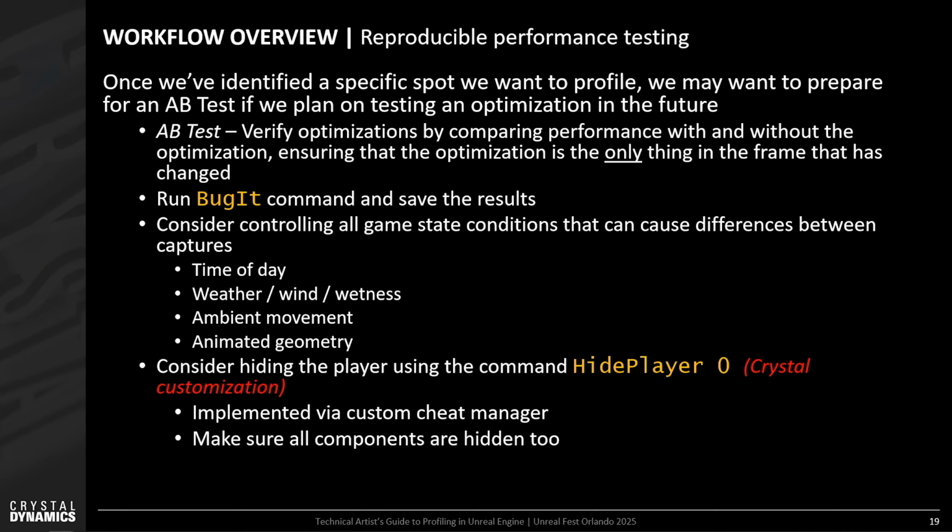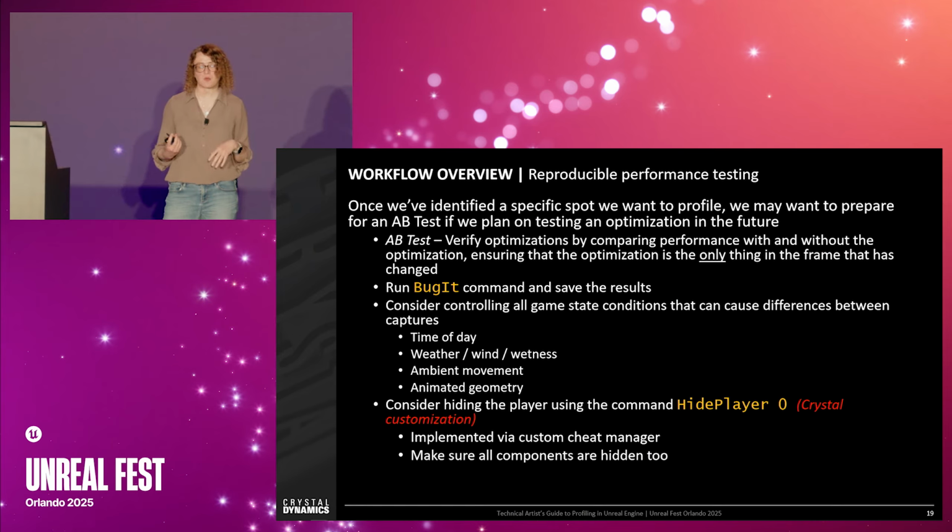This is all really helpful so that you can literally flip between screens and see exactly what's changing, not just from a performance standpoint, but also from a visual standpoint. Because sometimes when we optimize, there might be slight visual changes, and we want to catch those and make sure that we're okay with them.